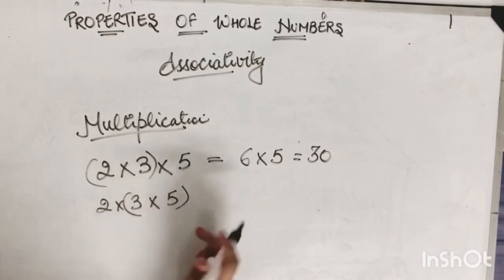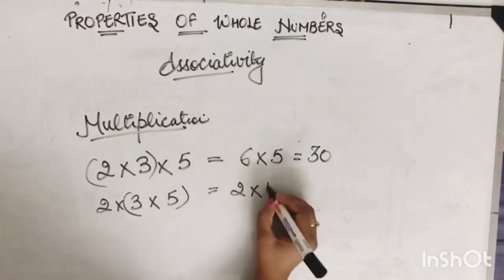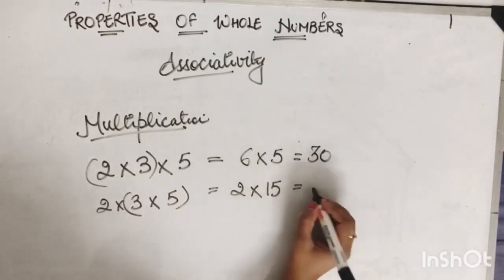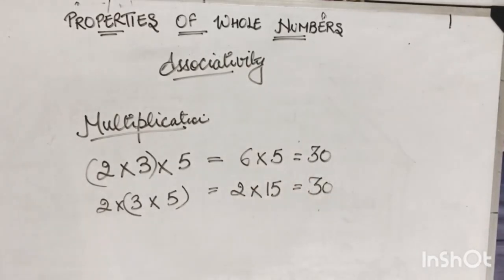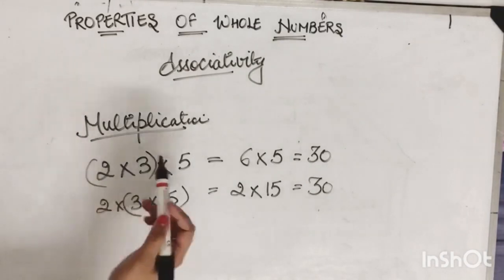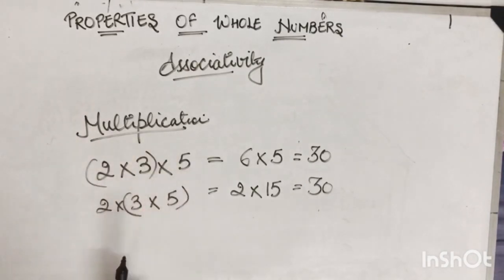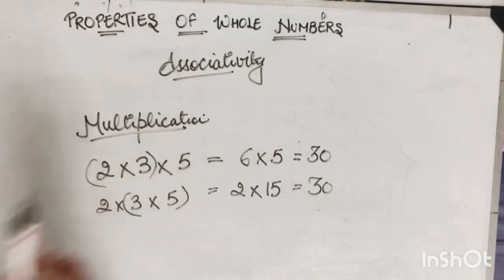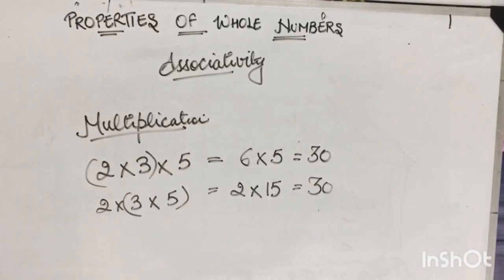First 3 into 5, that is 15, and 2 into 15 is 30. In both the cases, answer will remain same, that is 30. So it means you can multiply the numbers in any order. So whole numbers are associative under multiplication. But whole numbers are not associative under subtraction and division.